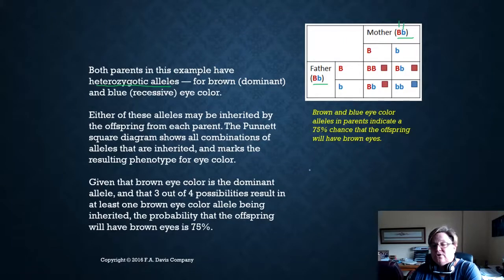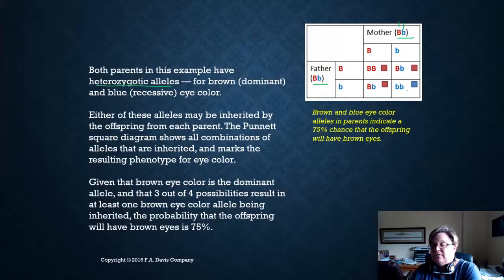Either of these alleles could be inherited by the offspring of each parent. The Punnett square diagram is going to show all the possible combinations of alleles that can be inherited, and can show the result. The children of these two parents have a 75% chance of having brown eyes.